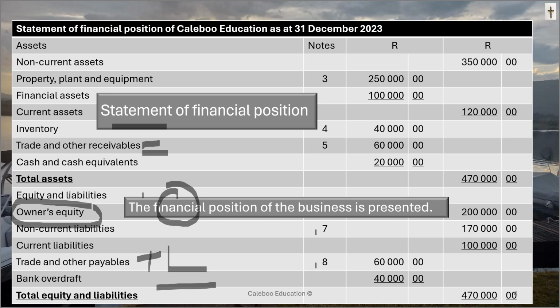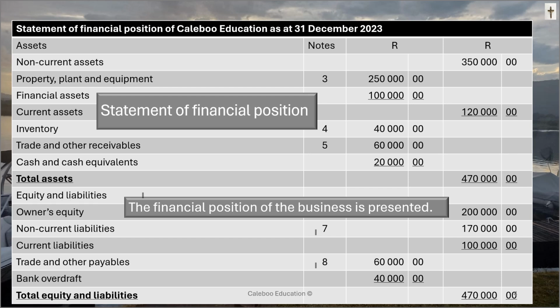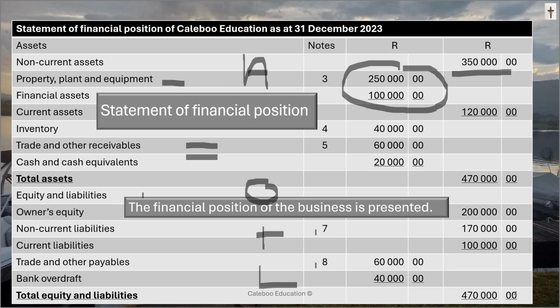But on this document you have assets, owner's equity, and liabilities. Assets equals owner's equity plus liabilities. So our non-current assets, consisting of property, plant, and equipment, and financial assets, comes to 350,000.